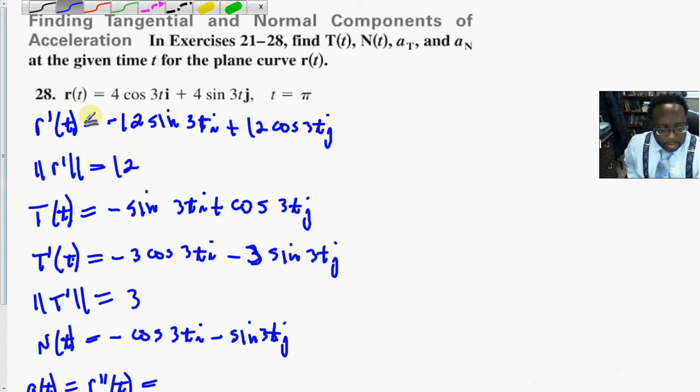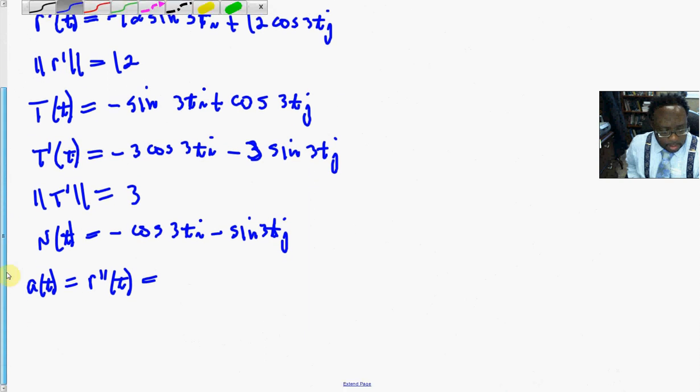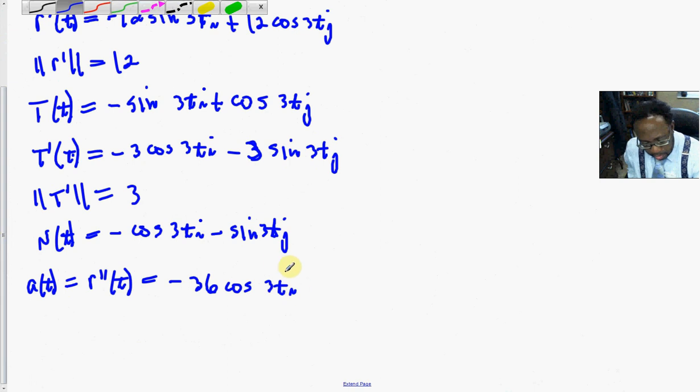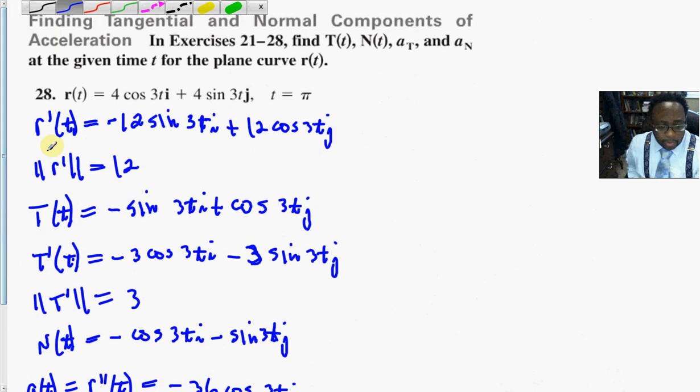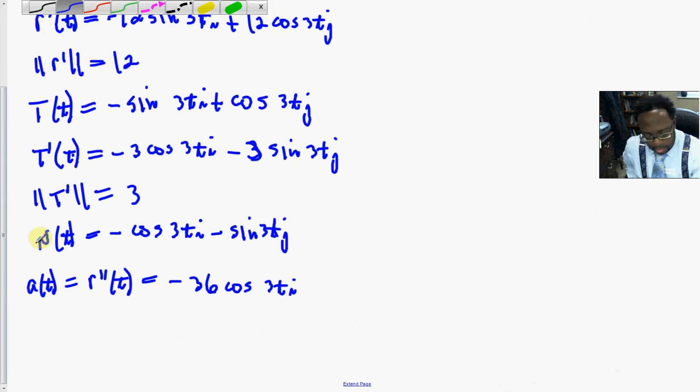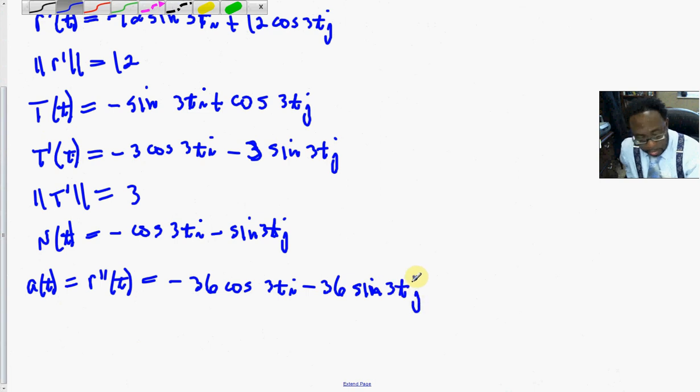So take the second derivative, so we get negative 36 cosine 3t i, and then minus 36 sine 3t j.